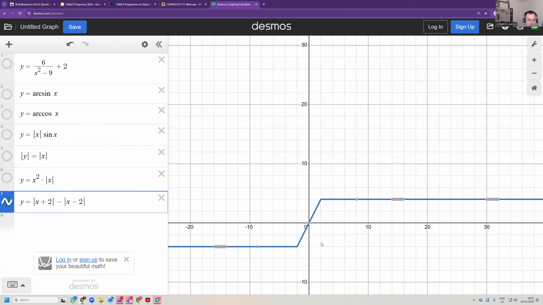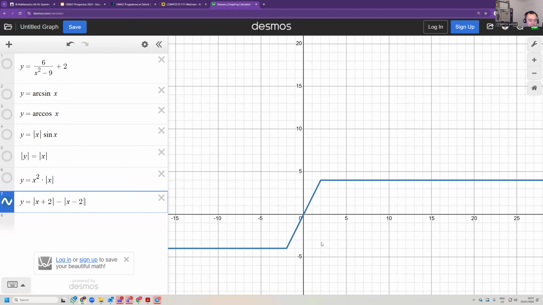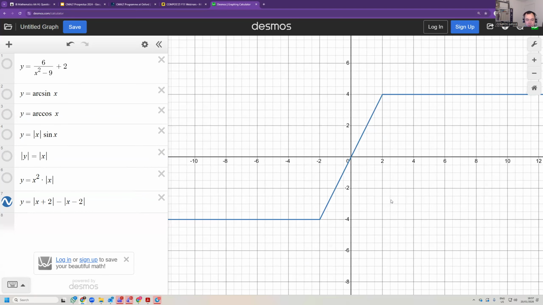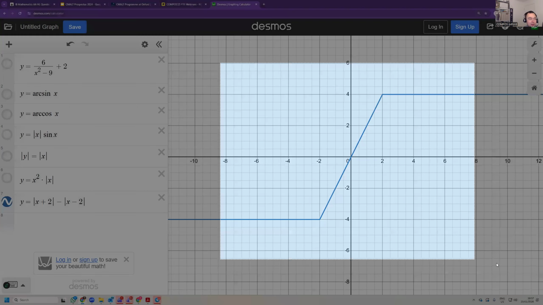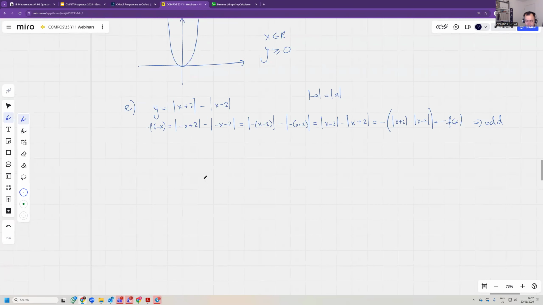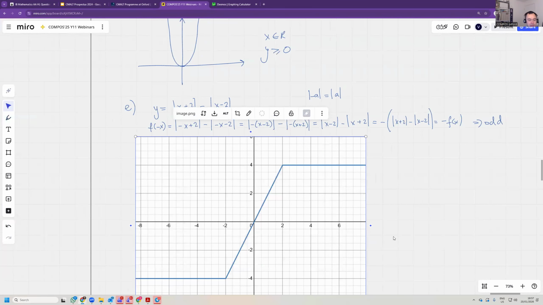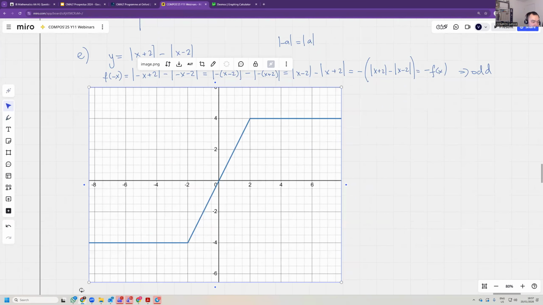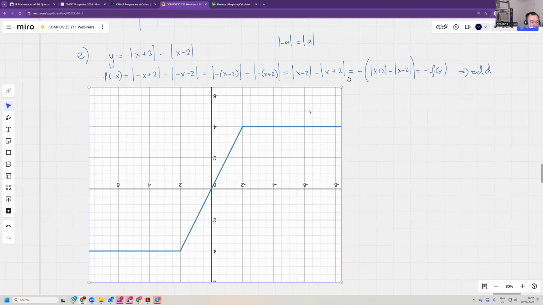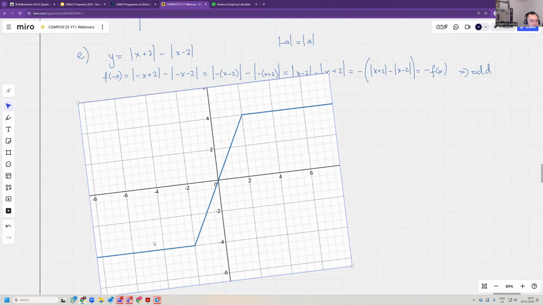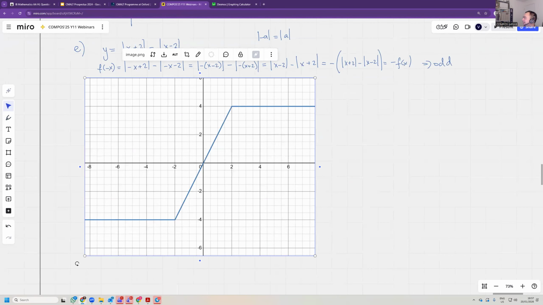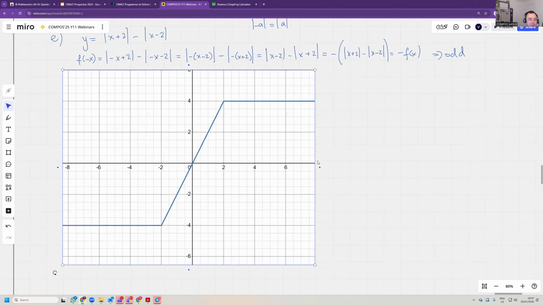And you can see that it is definitely an odd function because it has point symmetry. It has a rotational symmetry, right? Because if you rotate it 180 degrees, it looks the same. So that means it is odd. Beautiful. Next problem.